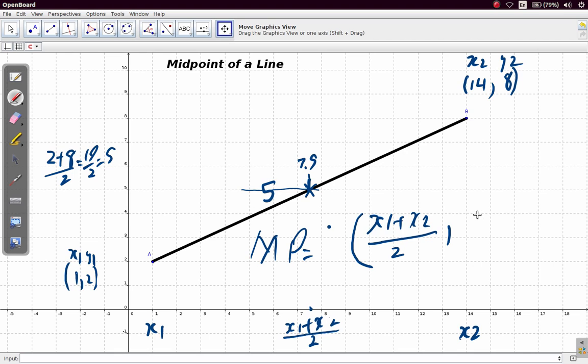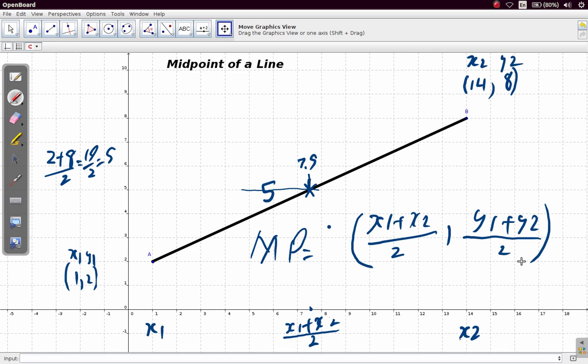In terms of y, as we saw before, it is y1 plus y2 over 2. So we have the formula. And this is the same formula that I saw in my textbook and on websites. So we just made up this formula. We just derived this formula.